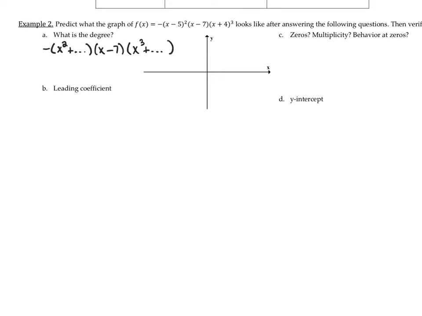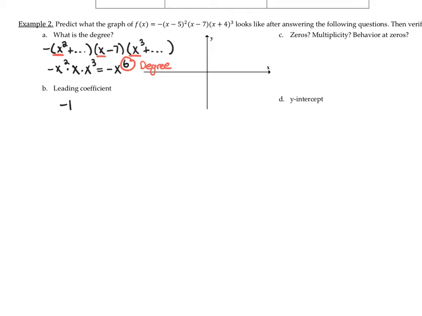And then if I look at multiplying all of those together, I am going to get a negative x squared multiplied by x cubed, which ends up being negative x to the 6th. So that means that this is degree 6. The leading coefficient is negative 1.